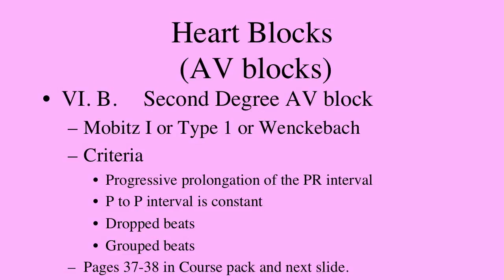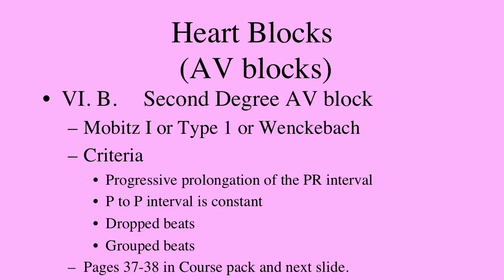But really the main place to look is at the top of page 37, where it has an EKG and has 1, 2, 3, 4 like that. You have a PR interval on 1 that is kind of a normal distance, and then it gets longer on 2, longer on 3, and then the fourth P wave does not conduct a QRS complex.